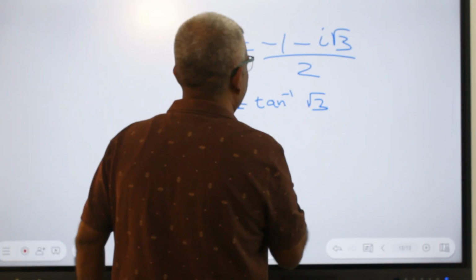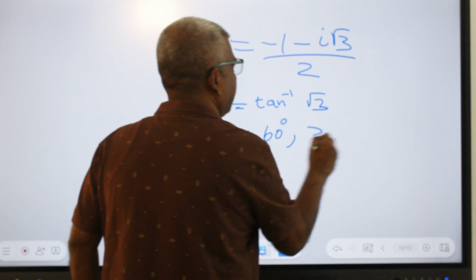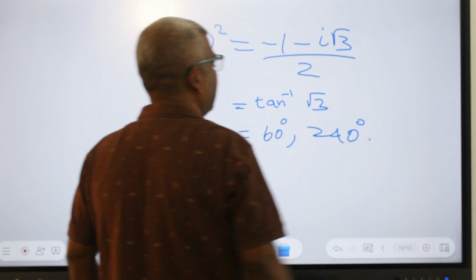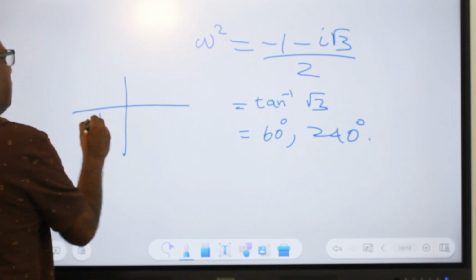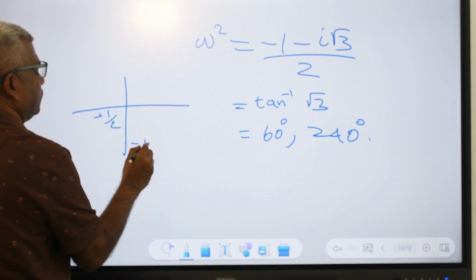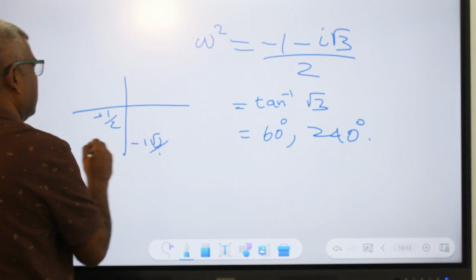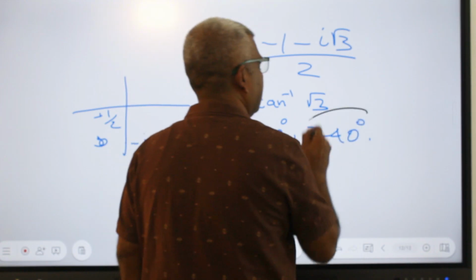So tan inverse root 3 is 60 degree. Where are 60 degree and 240 degree? Both are possible, but check the quadrant. Minus 1 by 2 minus i root 3 by 2 is in the third quadrant, so 240 degree.